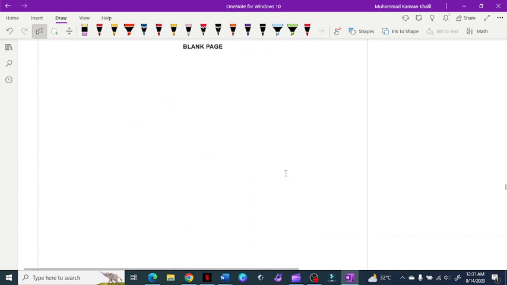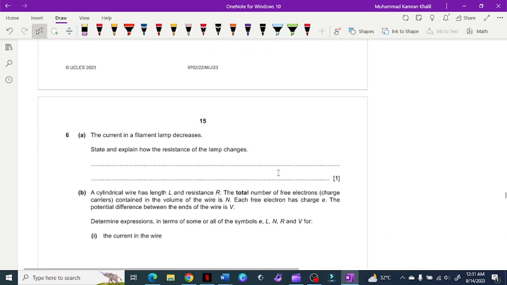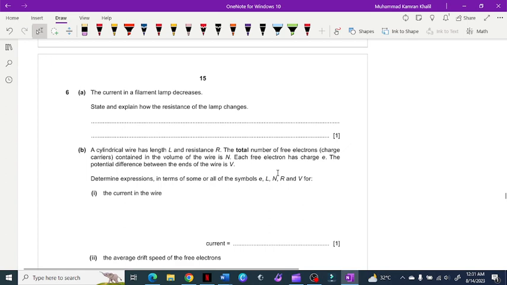Now we move towards the next question related with current electricity. In this question, the current in the filament lamp decreases. When the current decreases, state and explain what will happen to the resistance. The resistance is directly proportional to temperature.